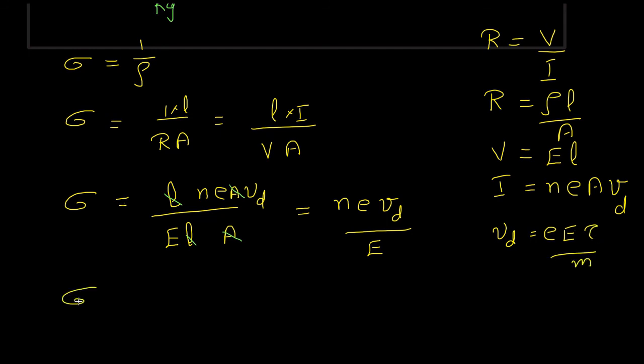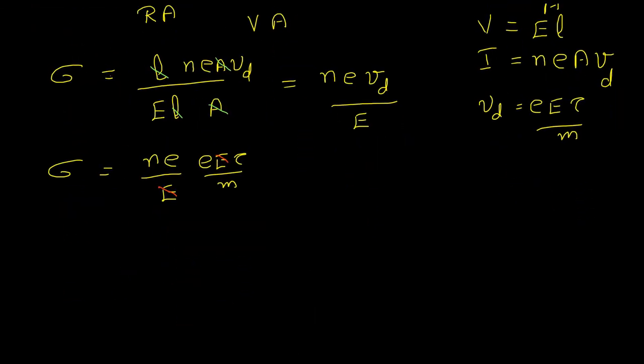Substituting, sigma equals n e by capital E into e E tau by m. Cancel out electric field E. So the equation for conductivity sigma equals n e square tau by m.